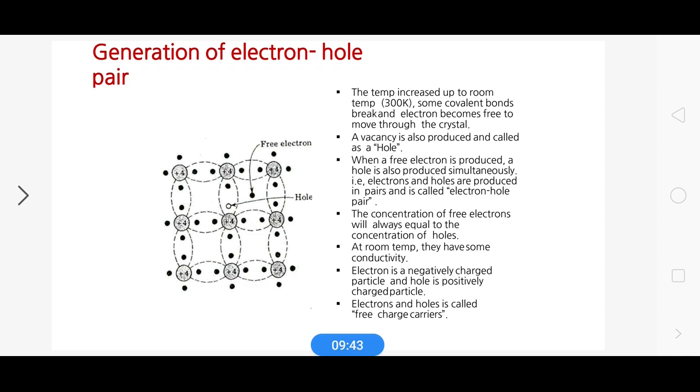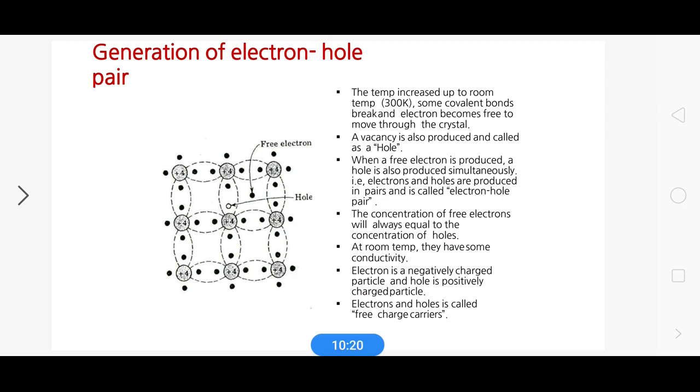This vacancy, the absence of an electron, is treated as a hole. The vacancy of an electron is called a hole. And when a free electron is produced, a hole is also produced simultaneously. Means these electron holes are produced in pairs at a time.